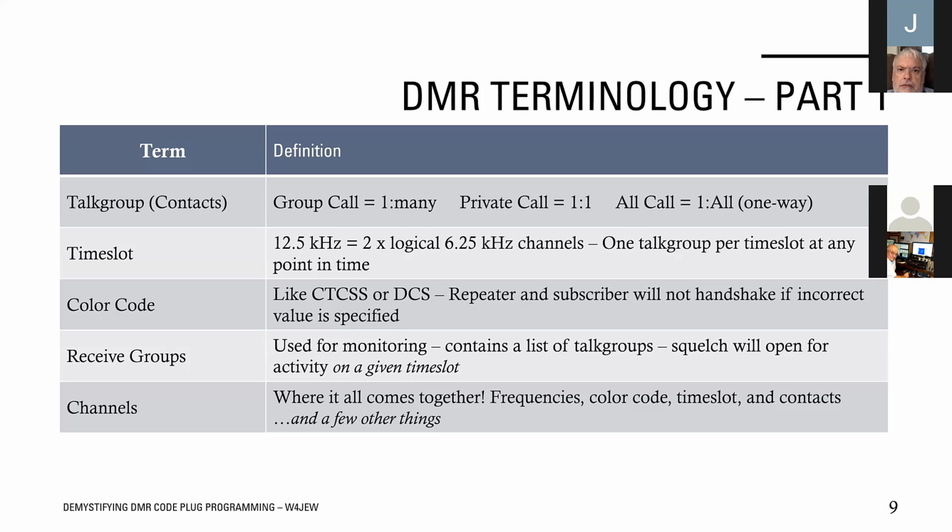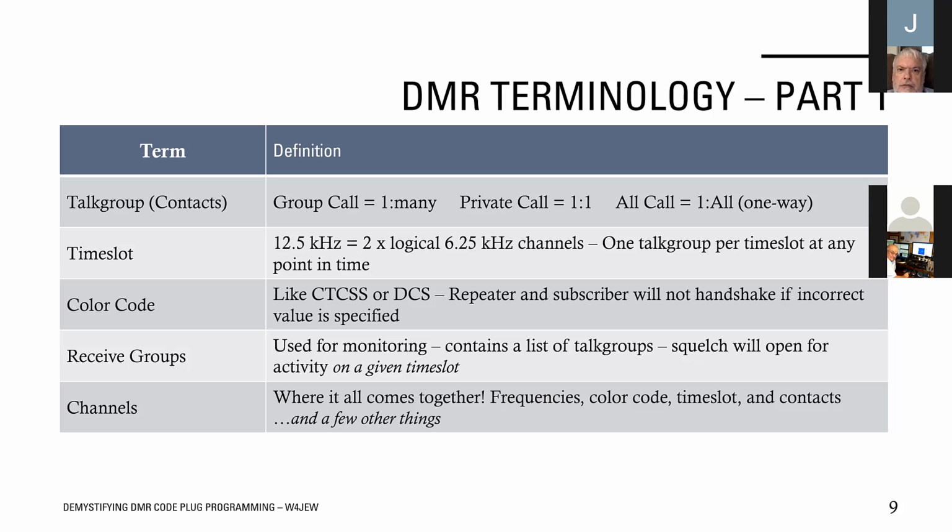Receive groups are used in cases where you may want to listen out for activity on other talk groups without having to change channels. Do not use receive groups when you are first getting started with DMR. Please do not use them. They will create massive confusion for you. Wait until you're comfortable with DMR before you even venture into the receive group world.